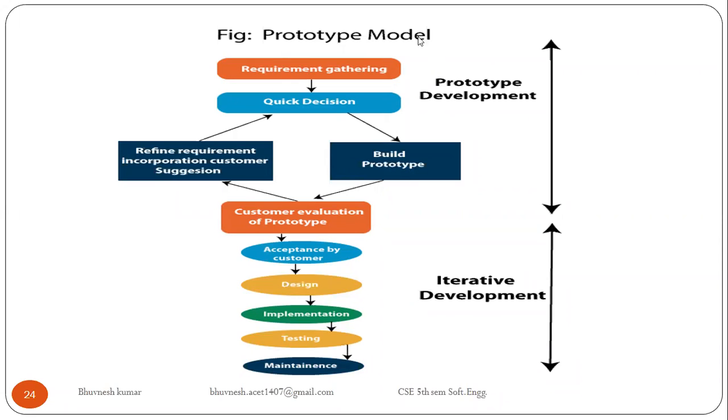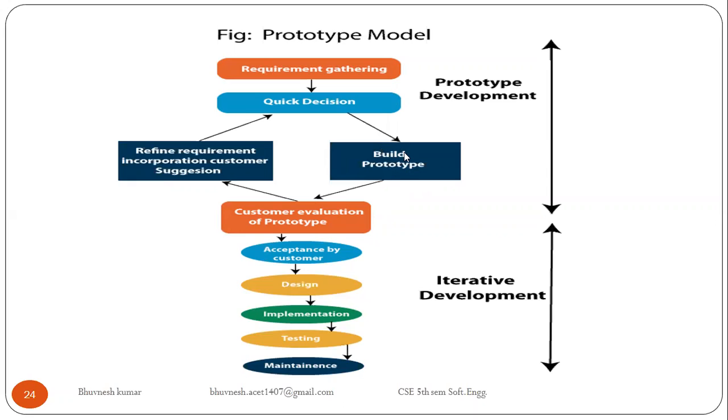Here is a diagram of your prototype. First of all, there is requirement gathering. The first phase is requirement gathering. Then after gathering the requirement from the customer, there should be a quick decision from a manager and team members. A quick decision should be made after collecting the requirement.